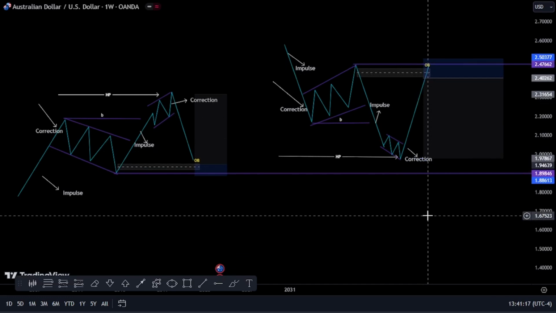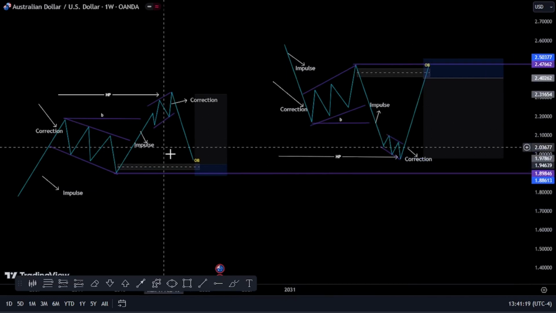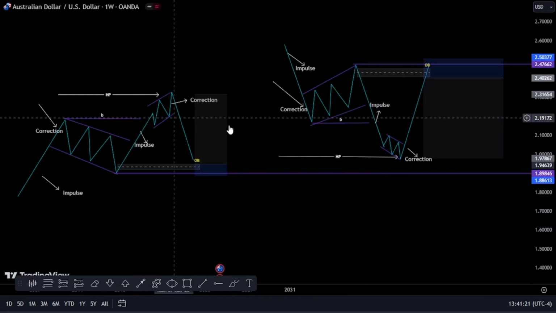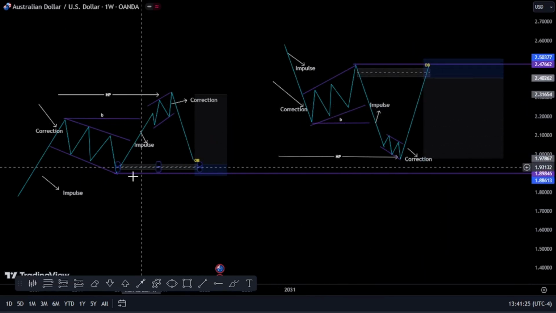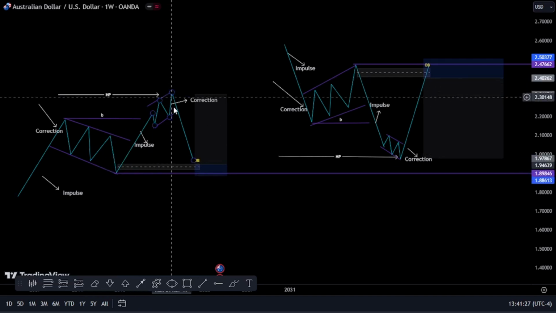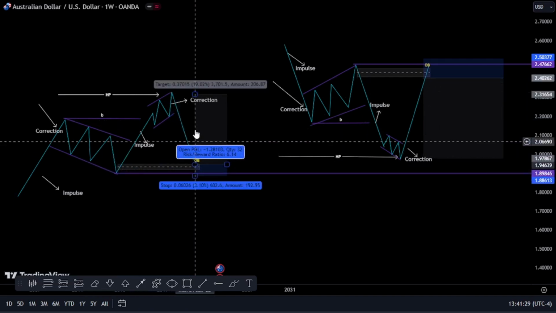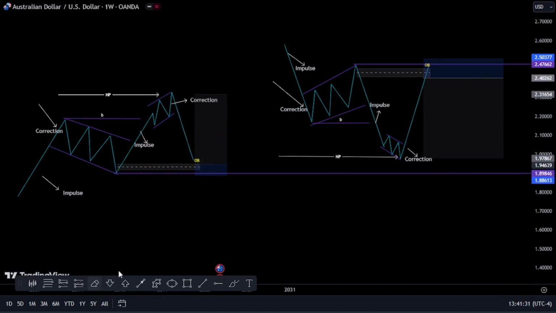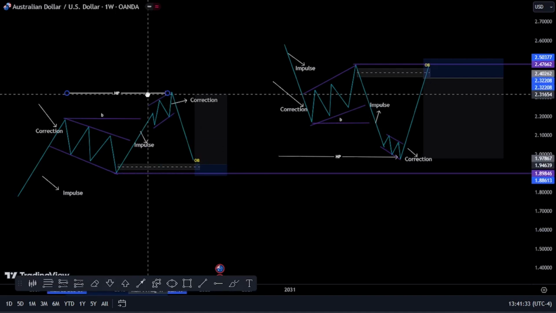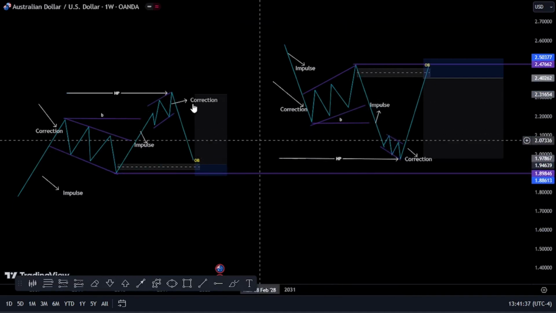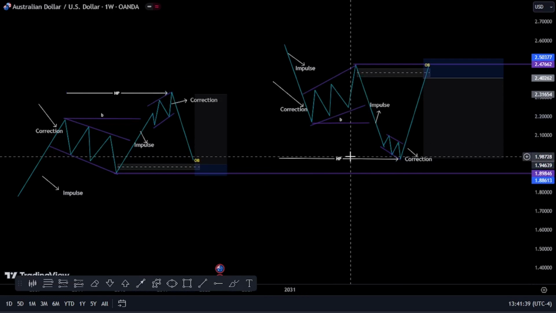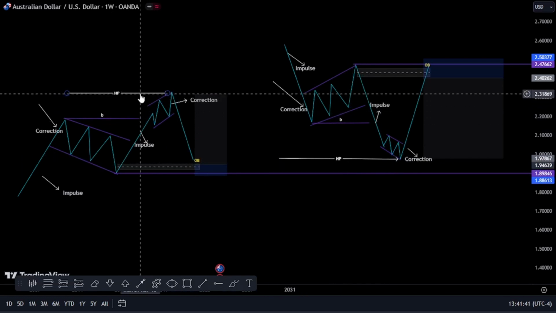Now the combination of SMC and Falcon is that you don't have to wait for the market to come here and move up. There is what we call a hook point, a value area here.